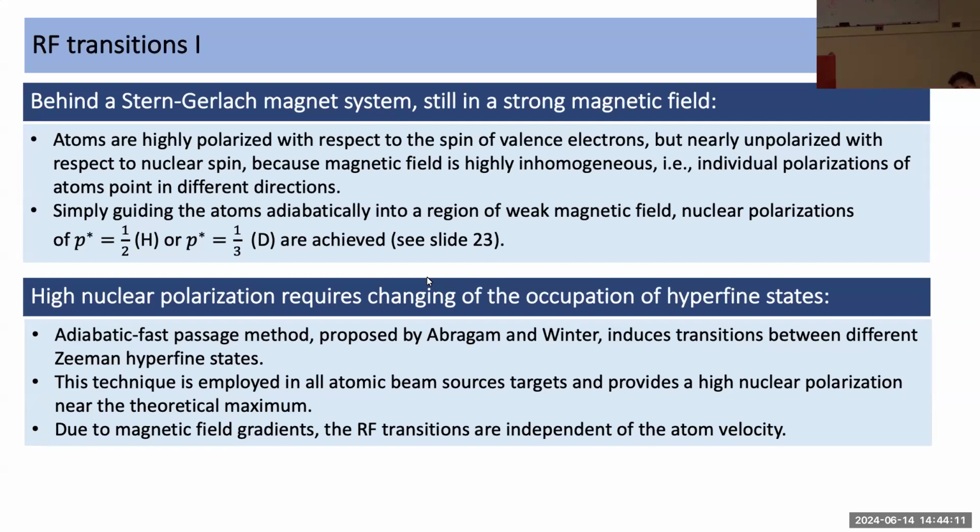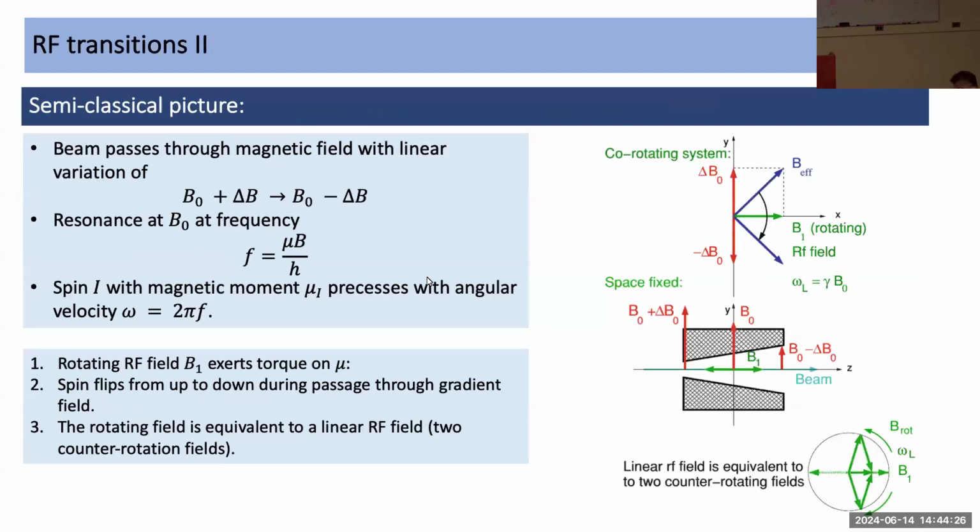This technique is employed in all sources to make a high polarization. And because these transitions use a magnetic field gradient, they are independent of the particle velocity. The way this is done is that you have a pole piece which is opening, so you have a field gradient along the beam.